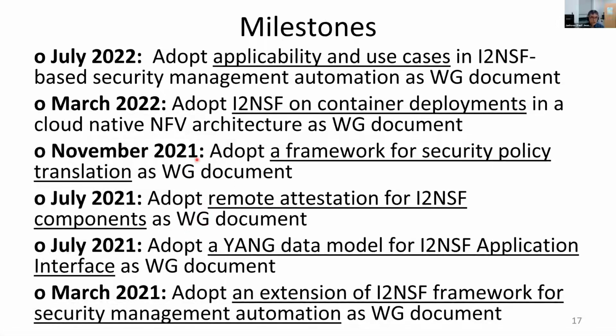And next year, in November, adopt a framework for security policy translation as a working group document. And in March 2020, adopt I2NSF on container deployment. And lastly, in July 2022, adopt applicability and use cases, considering all our work, and we deliver the application scenario.